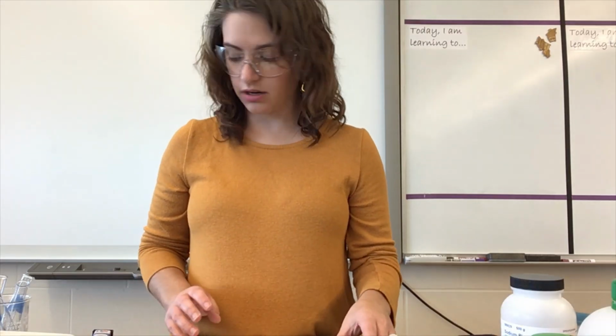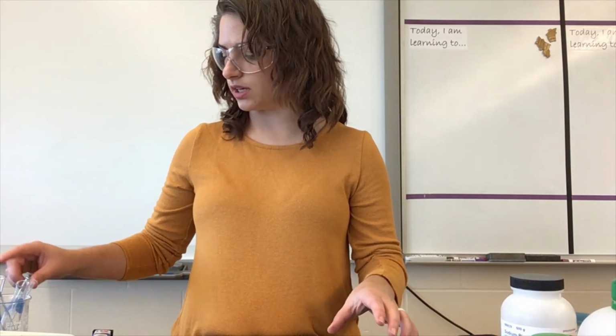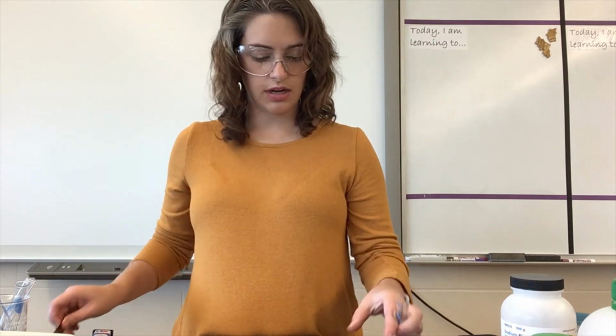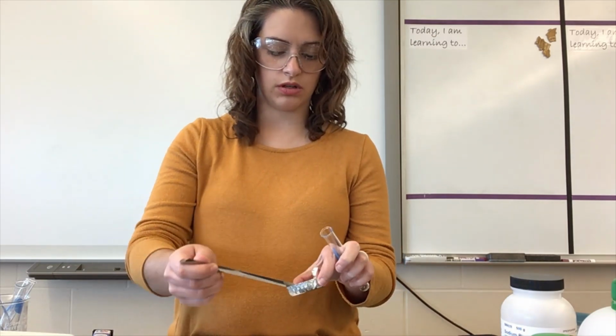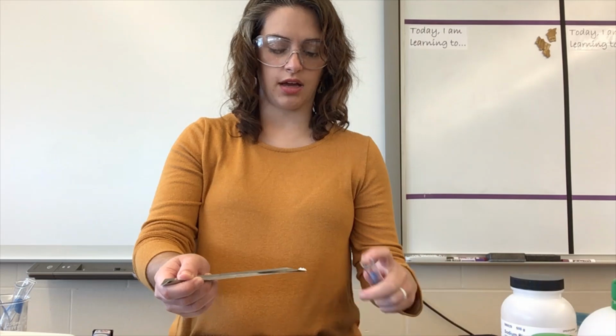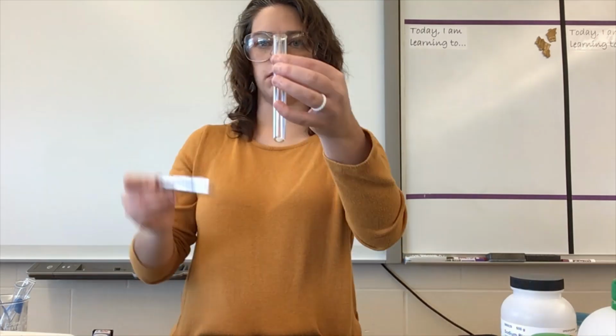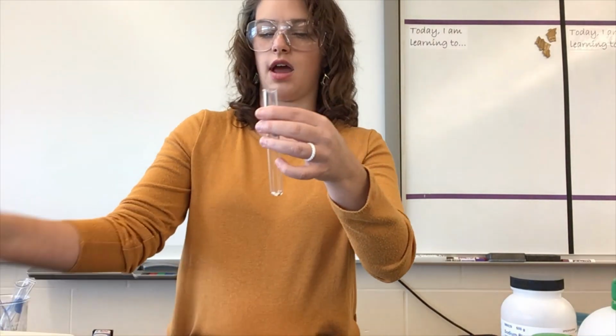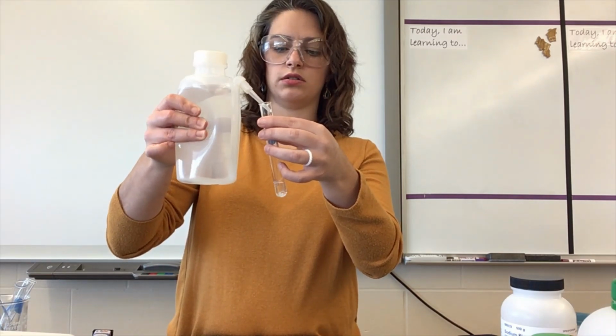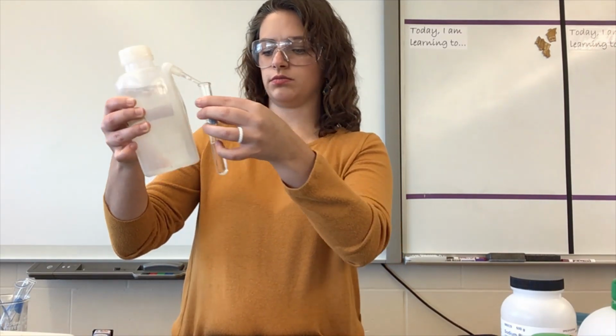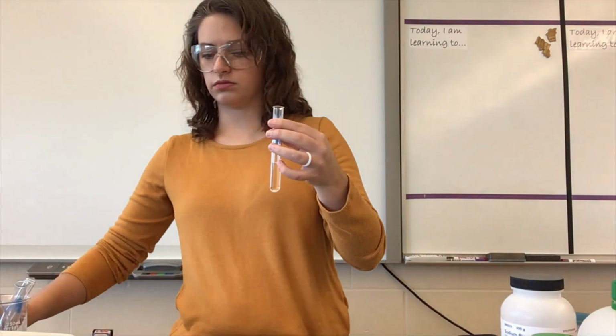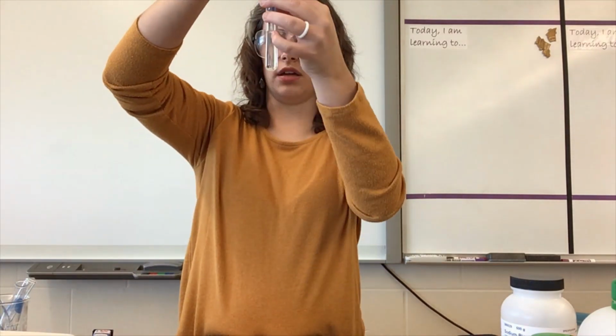Okay, after appearance, we are going to look at solubility. So I'm going to get a clean test tube, and I'm going to get some of my urea and put it into the bottom of the test tube. Add some distilled water, give it a stir.